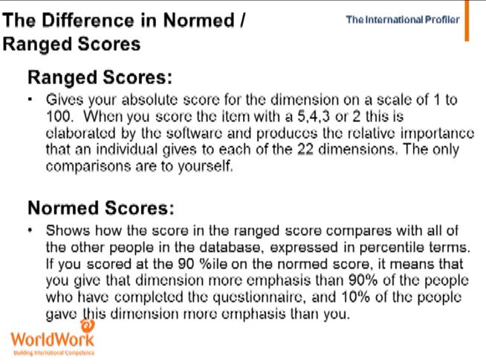So which do you use when you're thinking about coaching? Well, actually you use both. They're different takes on the same data set, but I would say that many of us who do coaching tend to rely a little more on the norm score. The reason for that is you may learn from your range score that you as an individual place a higher emphasis on focus on goals, for example, than anything else.